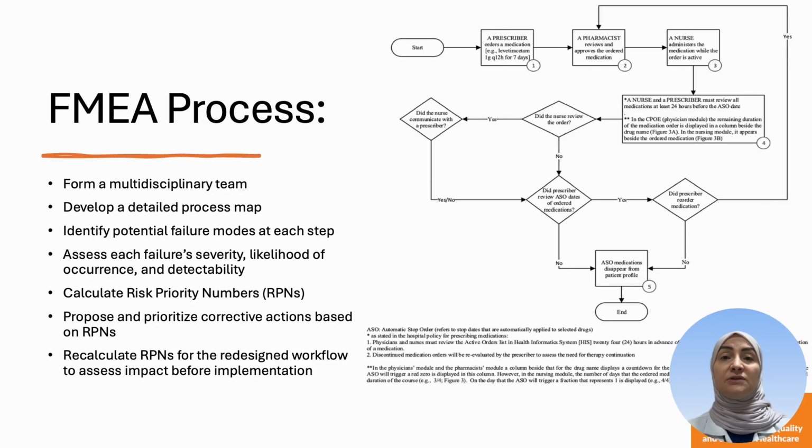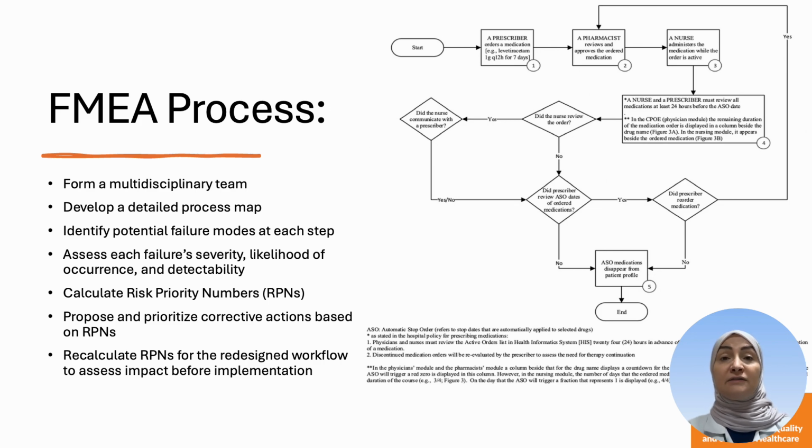Then the multidisciplinary team needs to sit and look at the failure modes, agree on the correct failure mode, and agree on the severity, likelihood of occurrence, and detectability scoring. Then we will calculate the risk priority number by multiplying the scores of each of these.